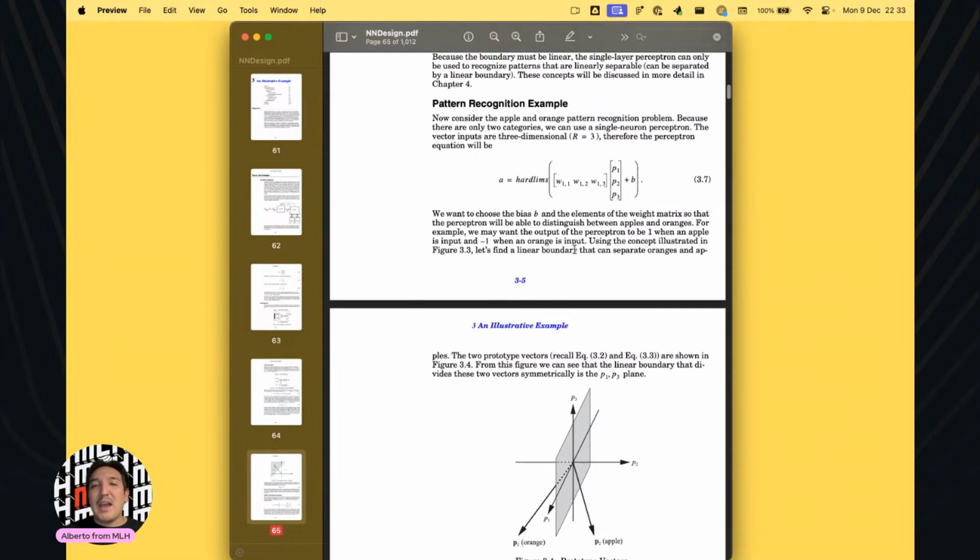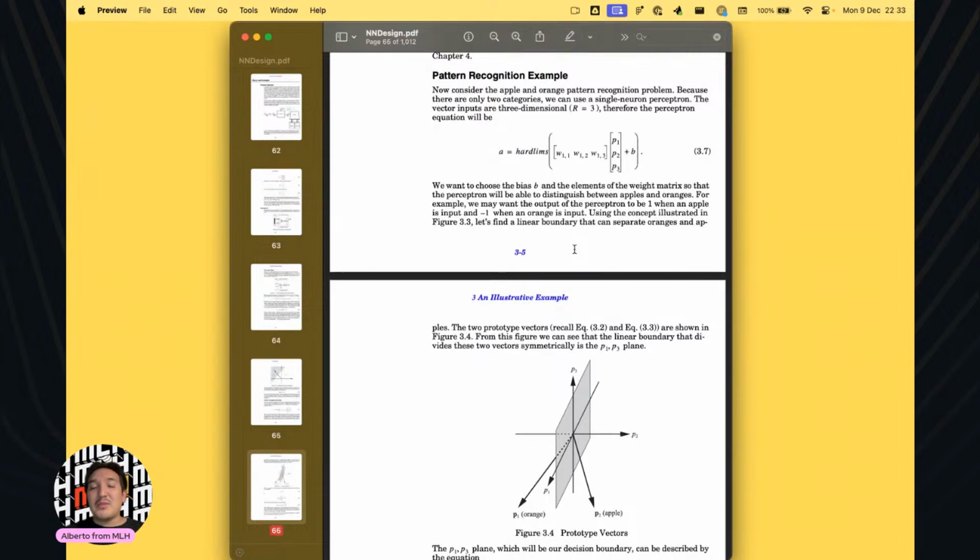We can choose the bias and the elements of the weight matrix so that the perceptron will be able to distinguish between the apples and oranges. So in this case, we are fine tuning the weight and the bias to consider the classification of the orange and the apple.